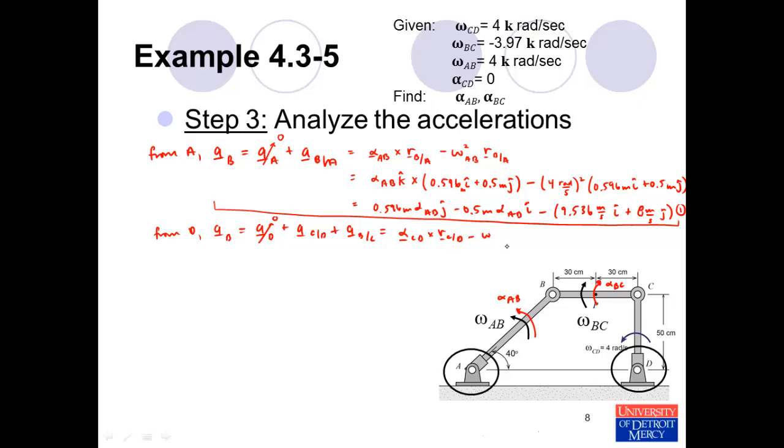minus the angular velocity squared times the position vector. So this is the acceleration of point C relative to D. And then we have a similar form, but with B relative to C. So the angular acceleration of that bar is alpha BC crossed with the position vector minus the angular velocity squared times the position vector.